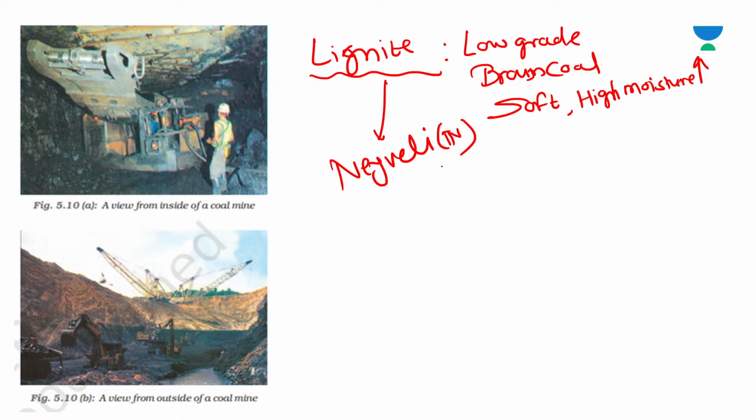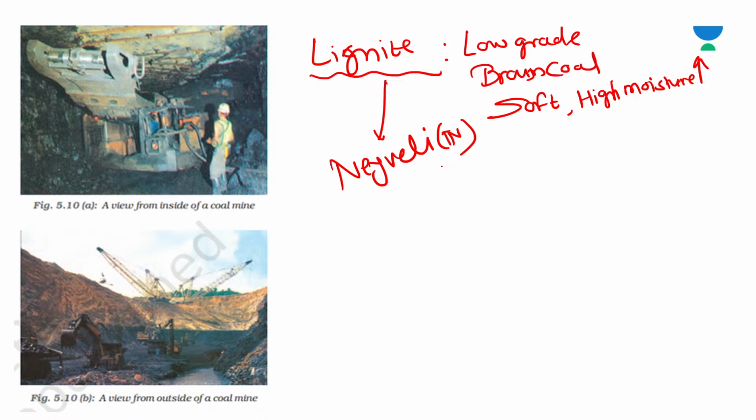Yes, as we know, coal is used for electricity. Now, basically, lignite is low grade coal.